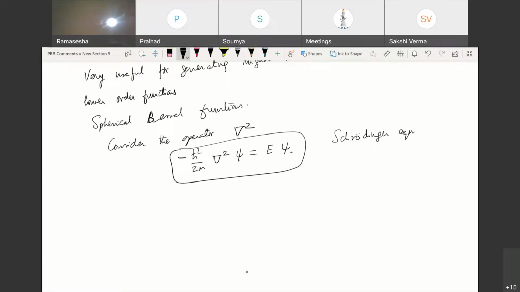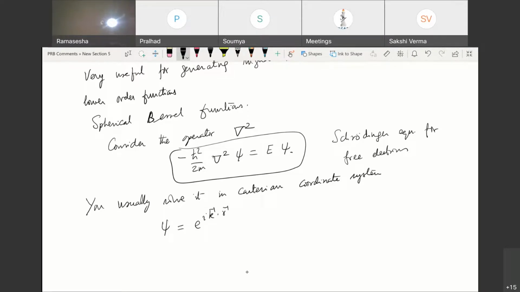For free electron, so that you have psi for k is equal to kx x plus ky y plus kz z, right?